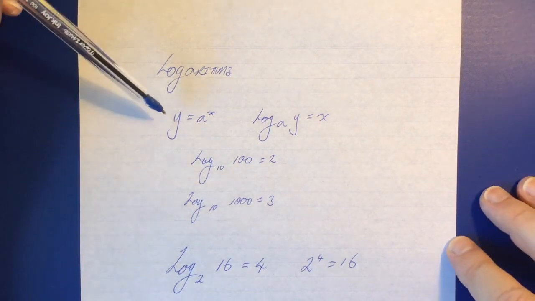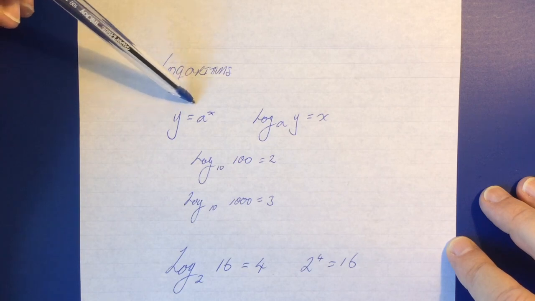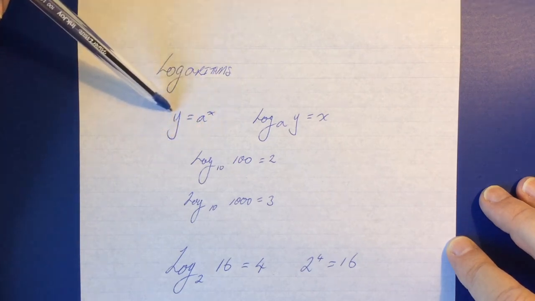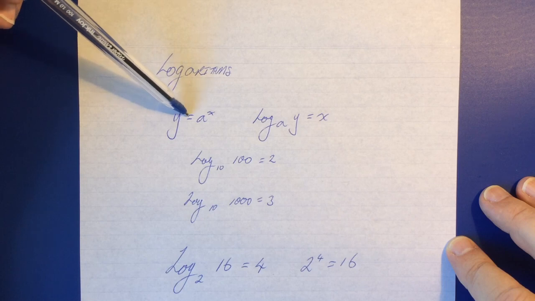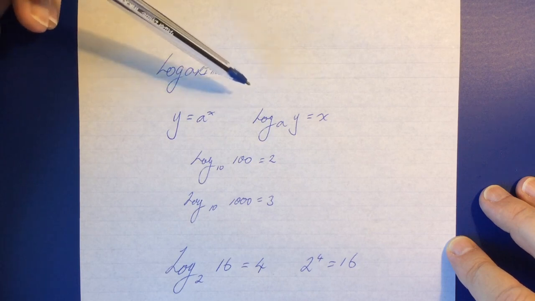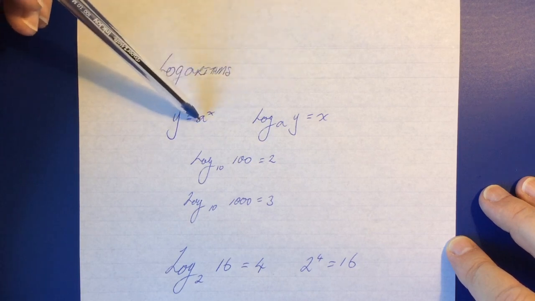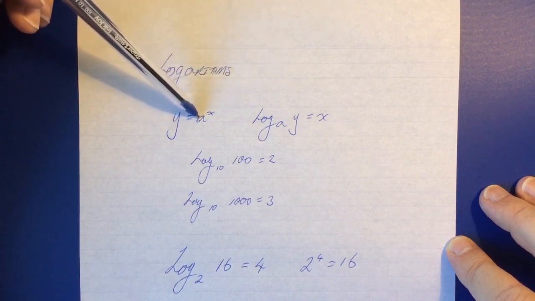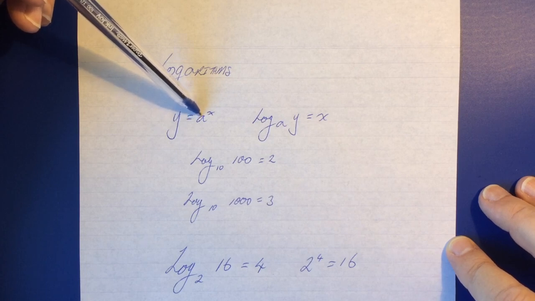Okay, so if we take this exponential function, y equals a to the power of x, we can rewrite this in log form. So this thing here is our base, whether it's a or whether it's 2 or 3 or 15 or whatever.